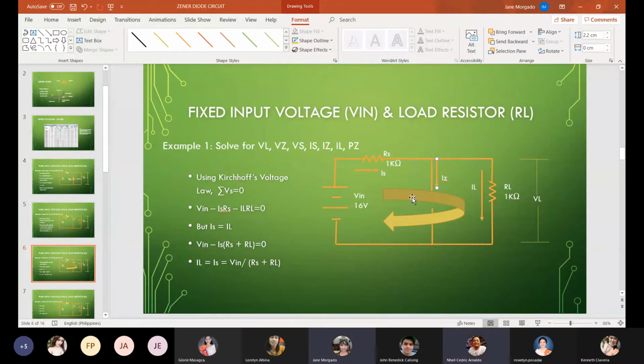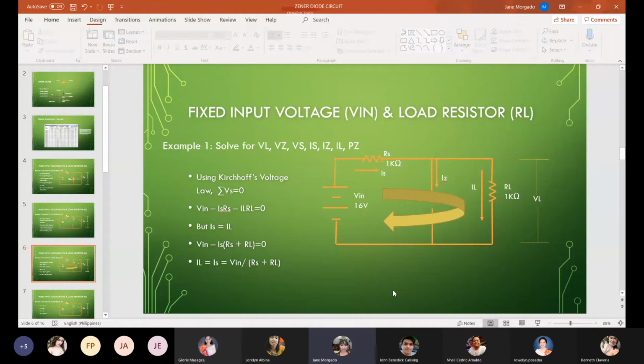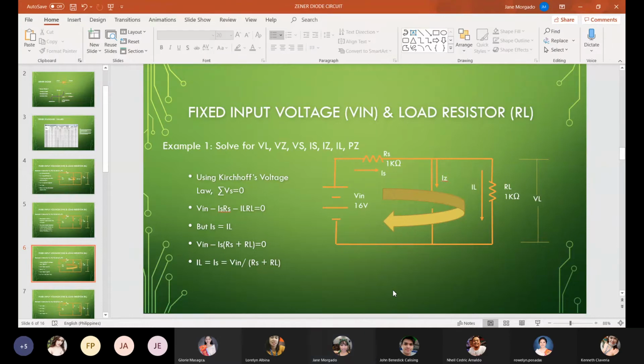This is the direction of the loop and direction of the current. If it is the same direction, anong sign natin? Plus, minus? Minus. Okay, that's why we have a minus here.